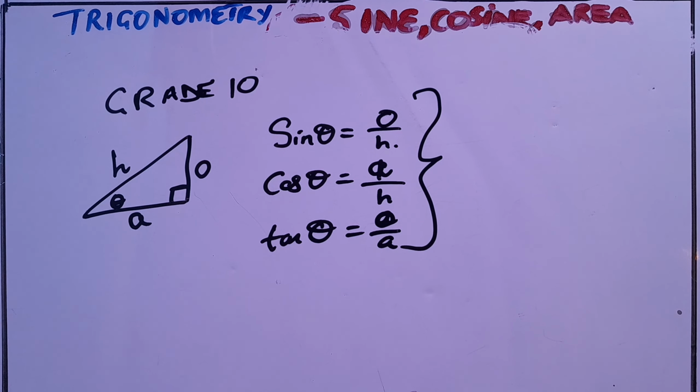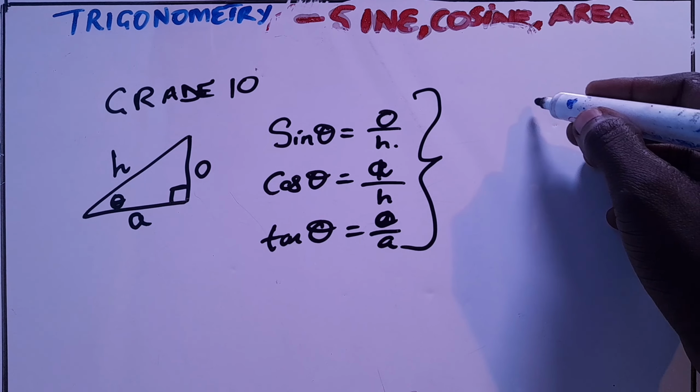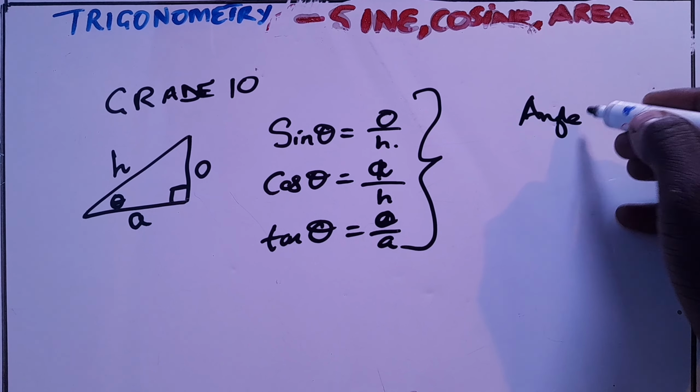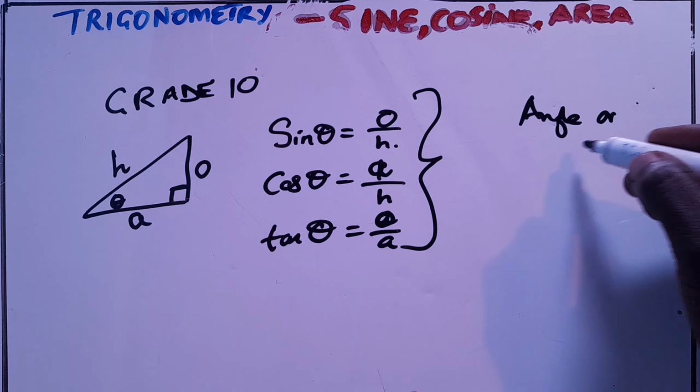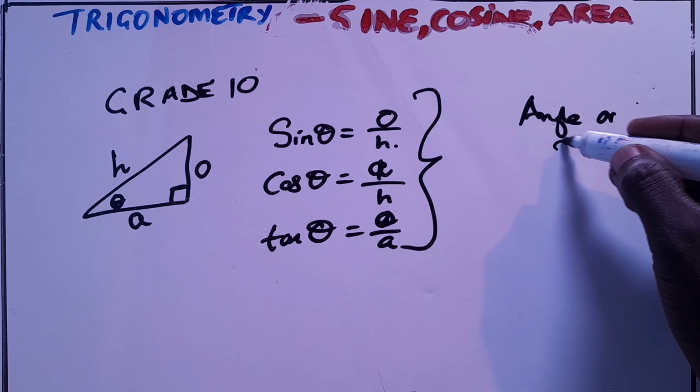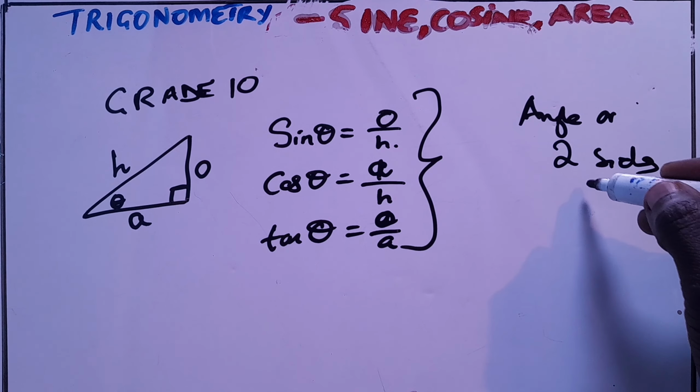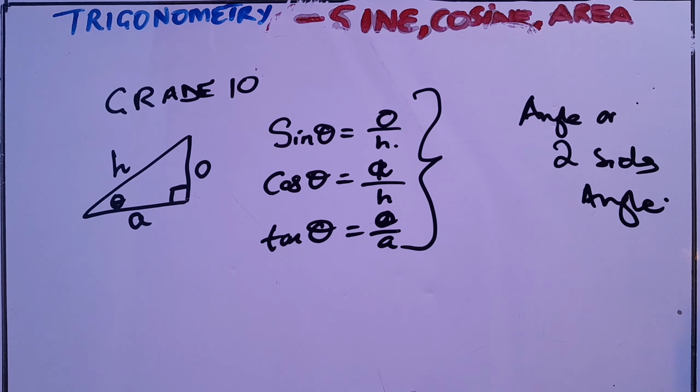These ratios help us to find any of the unknown sides or unknown angles. It means you are required to have the angle and another side to find a side, or we are required to have two sides to find an angle, depending on the situation.